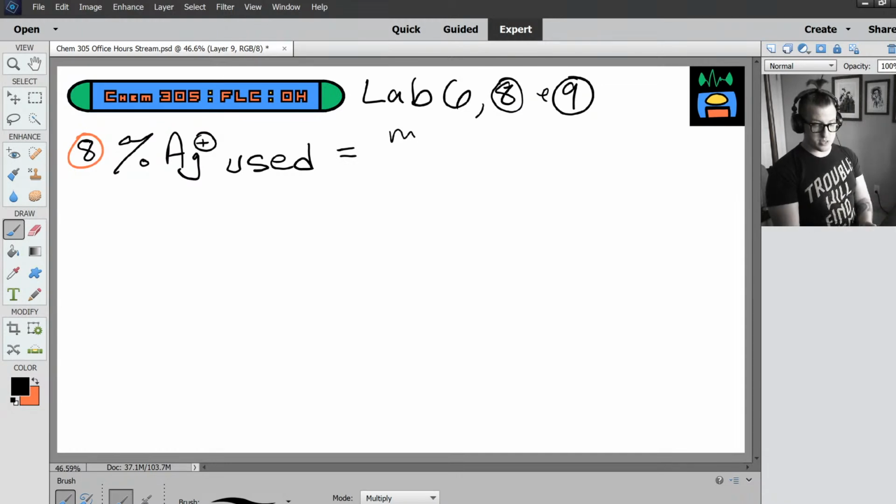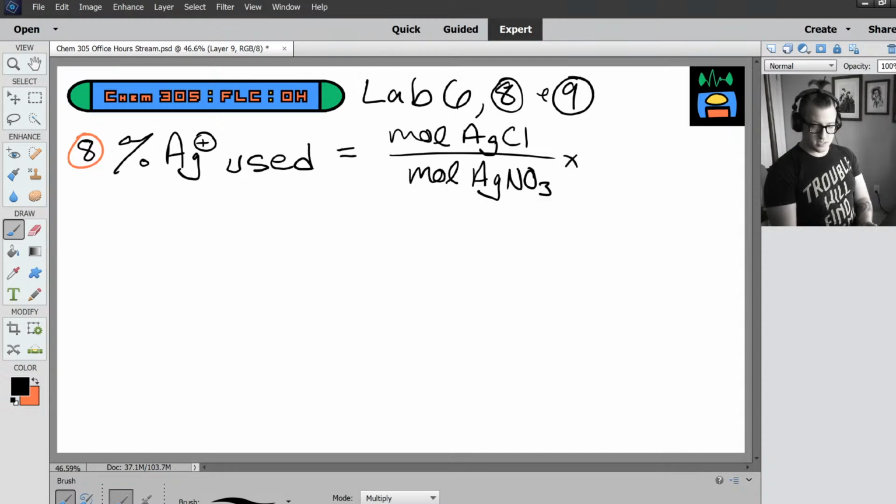This is equal to the moles of silver chloride divided by the moles of silver nitrate, times 100%.